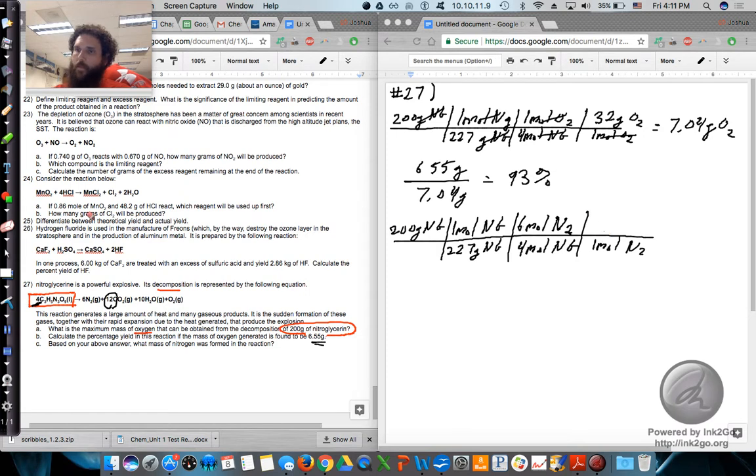I'm getting through this. 28 grams of N2. Cancel, cancel, cancel, cancel. All that cancels. So 200, again, divided by 227 times 6 divided by 4 times 28 gets us 37.